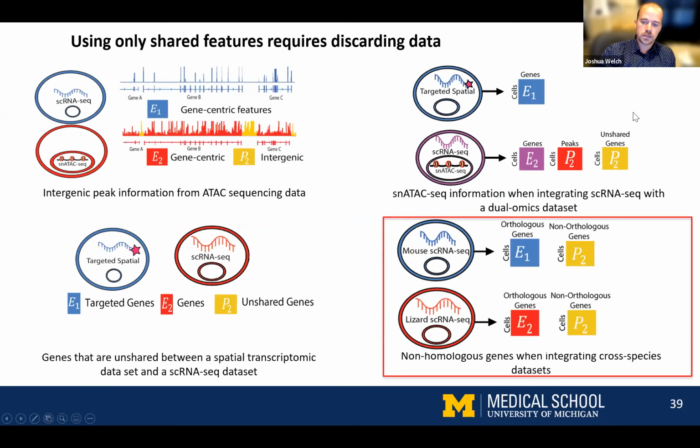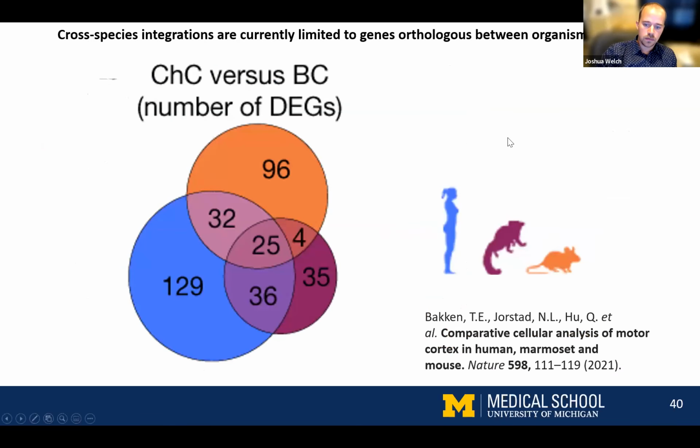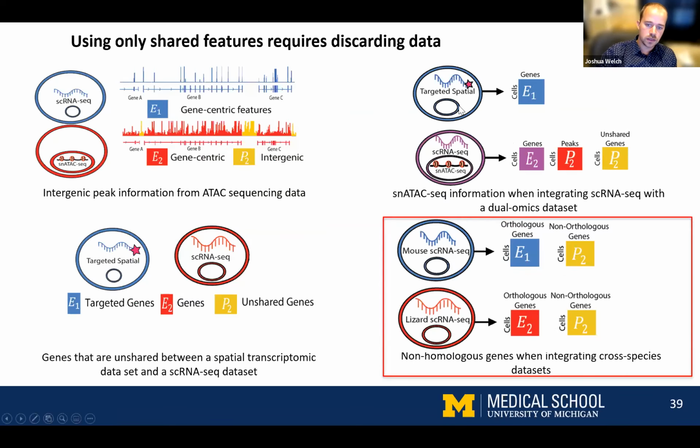All right, the last analysis scenario that I'll talk about is cross-species analysis. And this is a challenge because depending on how closely related multiple species are, there may be a number of genes that have either no orthologs whatsoever, or have a complicated many-to-many relationship due to a gene family that's similar between species.